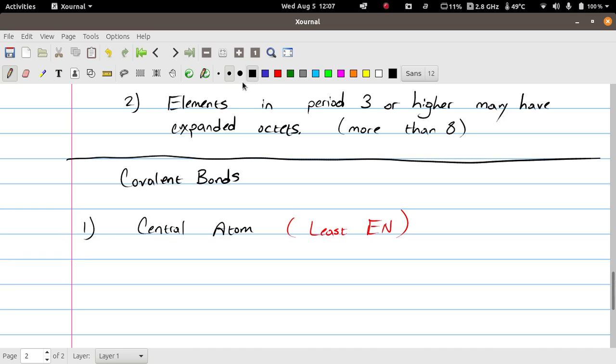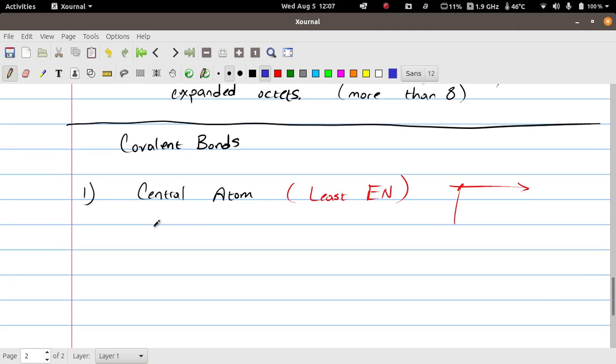So if you remember from the periodic table, electronegativity increases as you go up and to the right. So that's a good way of guesstimating what your central atom is going to be. The only exception to this is hydrogen will never be a central atom. It literally can't.